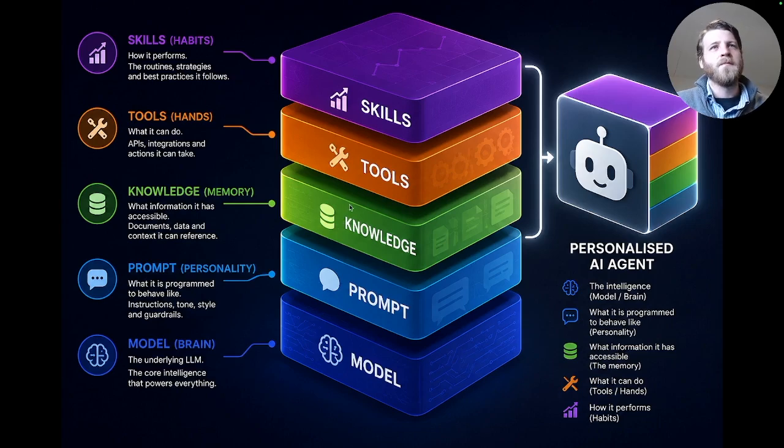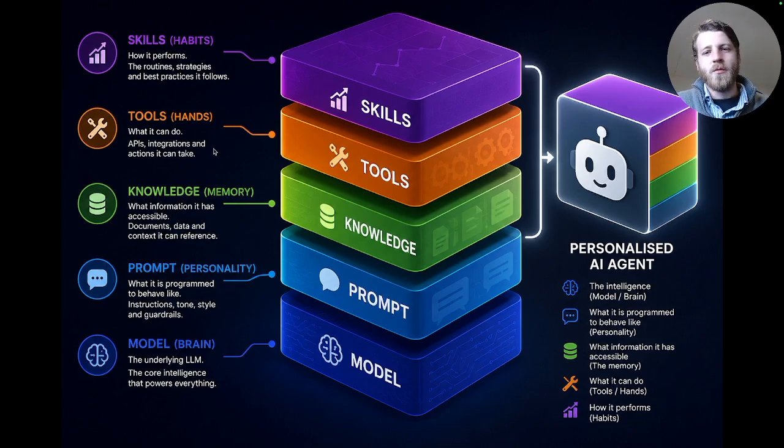The tools, think about it like the hands, or maybe a toolbox with a screwdriver in there, maybe a hammer, maybe a drill, maybe a lawnmower for the garden, whatever it might be. This is what the large language model can do. So it's any APIs if you connect it with the internet, for example, or Firecrawl if you want better search results, something like this.